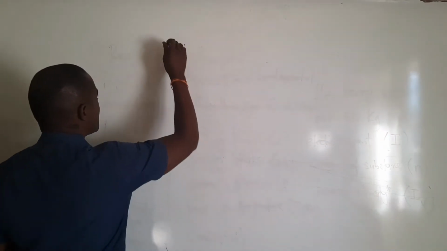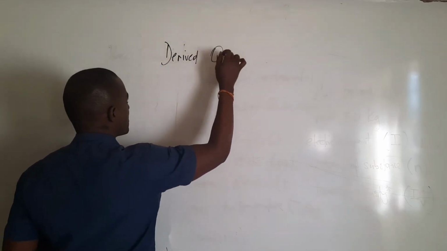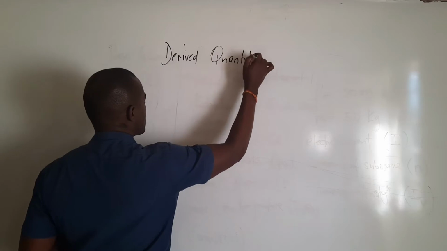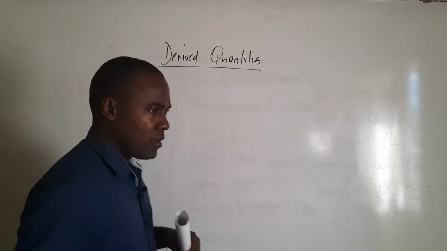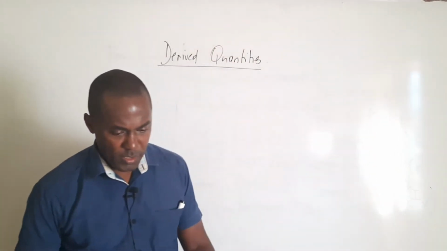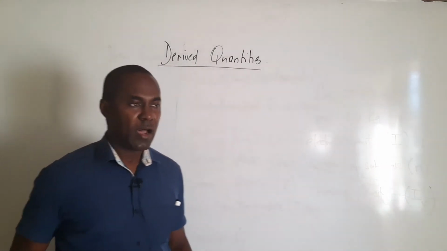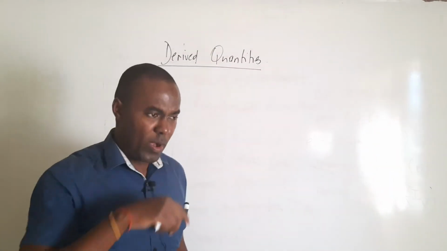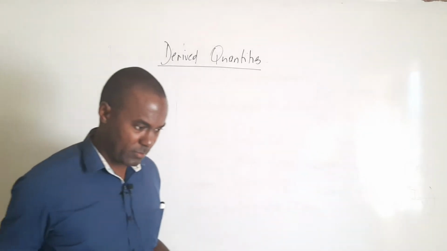So derived quantities. Now, what exactly is a derived quantity? Derived quantities, as the name suggests, are quantities which have been derived from the base quantities, right?